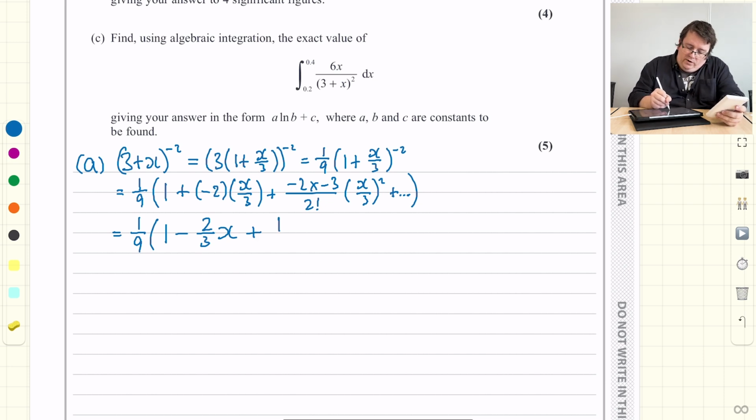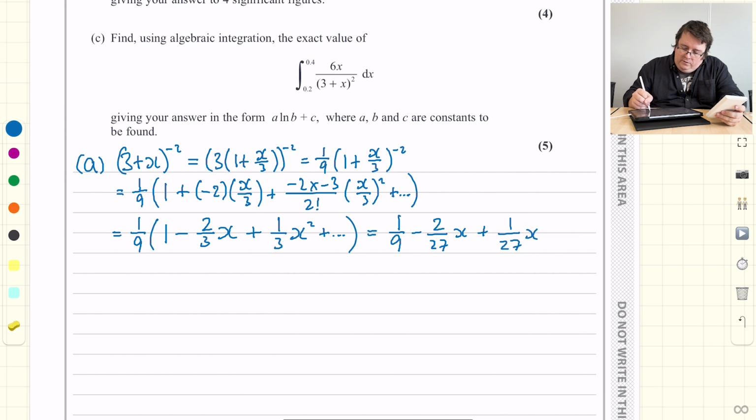So plus 1/3 x squared. And now we can multiply through by the 1/9. So we get 1/9 take away 2 over 27x plus 1 over 27x squared, etc. Okay? So part B.